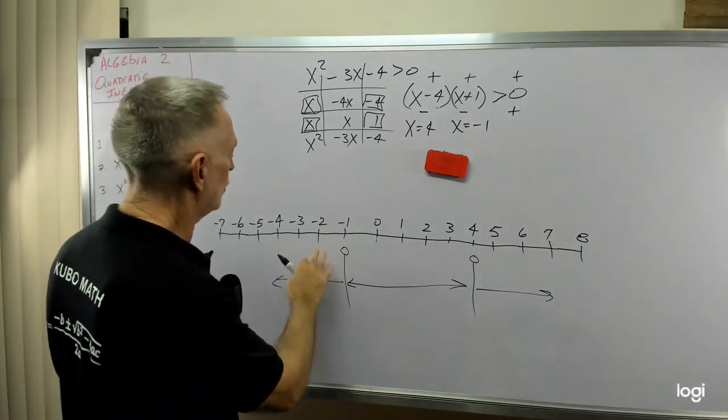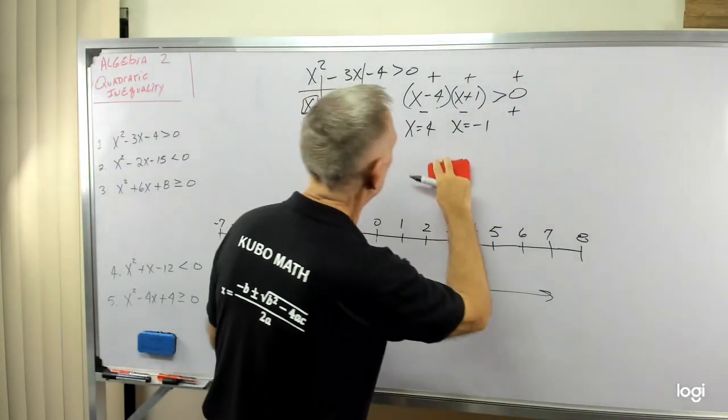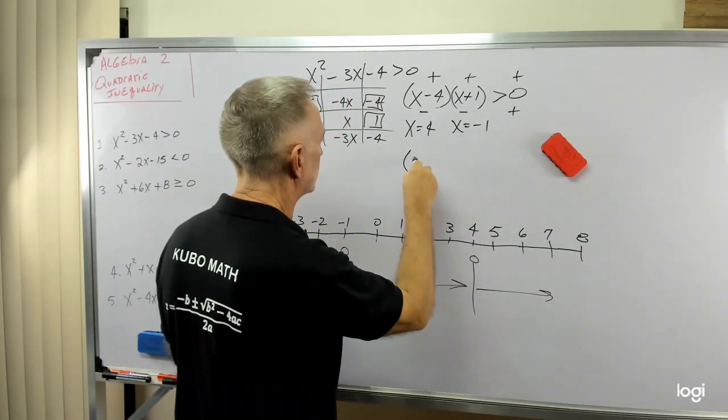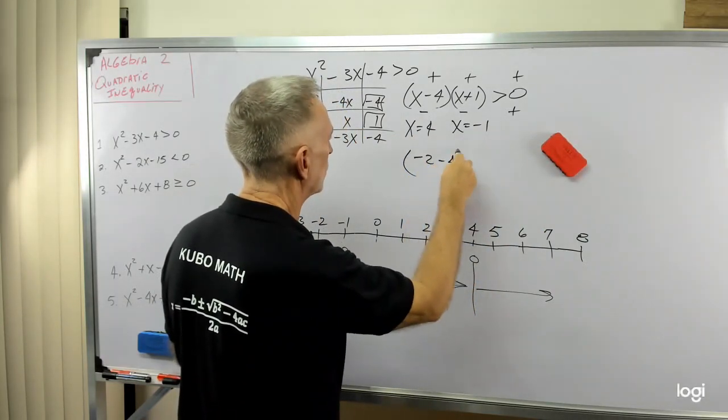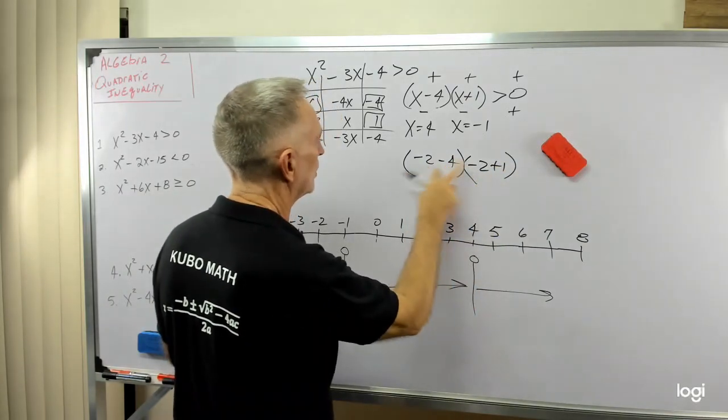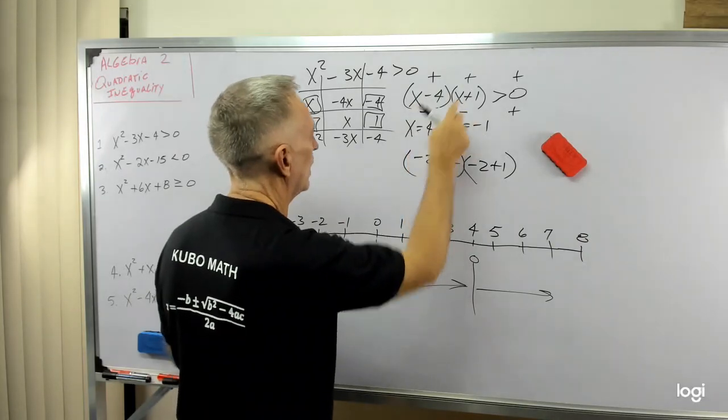Okay, negative 2, let's choose that. So now I have negative 2 minus 4, negative 2 plus 1. All I've done is put a negative 2 in for x.